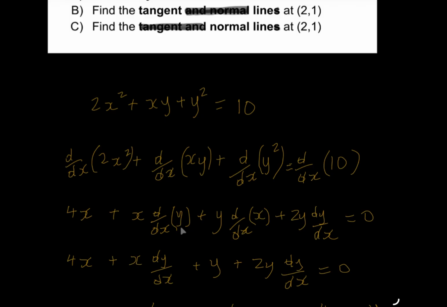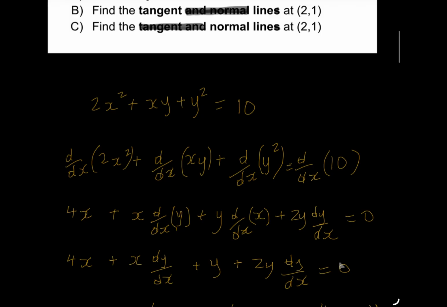Next step, we're going to simplify and then put like terms together. So we have 4x plus x times dy dx, and then plus y, because that's y times d dx of x, which was 1, plus 2y dy dx, equals 0.